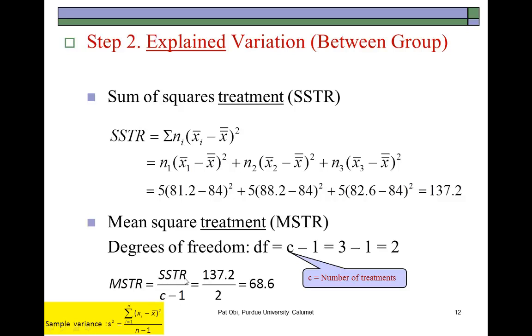The numerator, sum of squares treatment, is analogous to these statements you see right up here. It's the sum of the squared deviation between the mean for each group and the overall mean, and then you multiply it by the sample size.